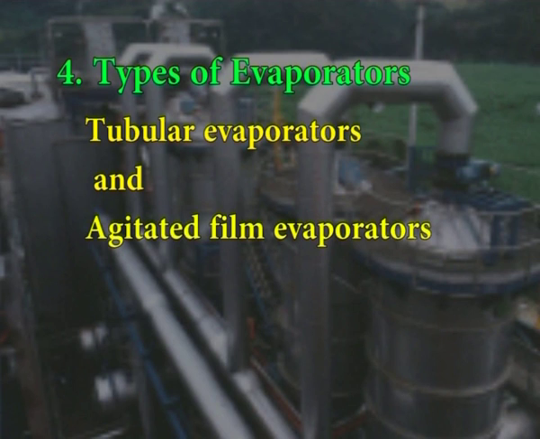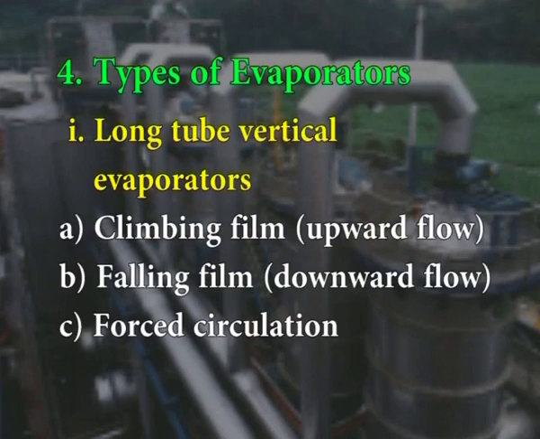The main types of evaporators can be classified as tubular evaporators and state of the art agitated film evaporators. In long tube evaporators, we have rising film, falling film and forced circulation evaporators.